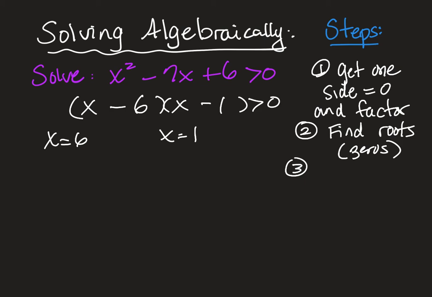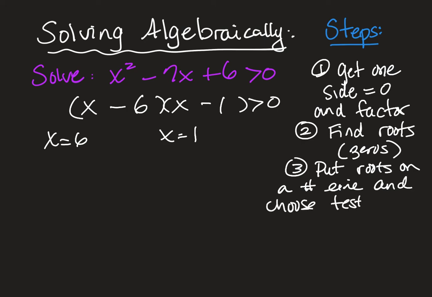So this is what I do next. My next step is I'm going to put my zeros or my roots on a number line. And I'm going to choose a test point in between all of my zeros. I'll show you what I mean in a second. So I'm going to choose a test point in each interval.